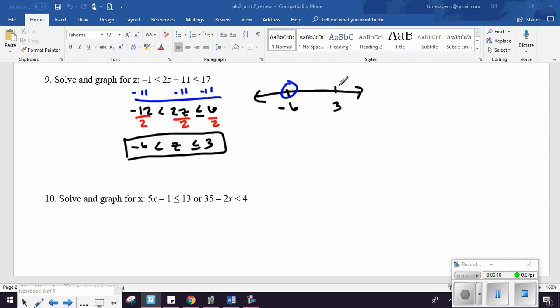However, for 3, it does have the equal to bar, so we're going to fill it in. And then the variable is between the two numbers, so that means we shade everything between the two numbers. So just connect the two dots. That's how you graph this compound inequality where it has 3 sections.